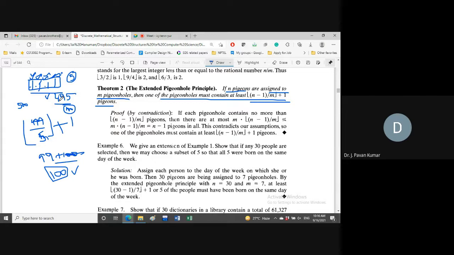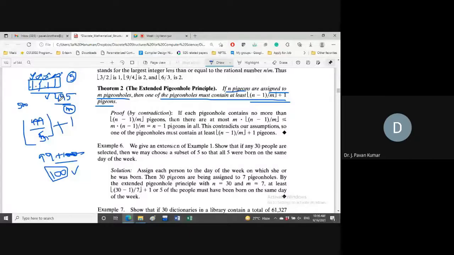If you consider 200 in one, that is evidence, right? 200 is at least 100, so it is true. 500 in one, also true. The possibility to make it false is that all the pigeonholes have fewer than 100 pigeons. If all pigeonholes have less than 100, then we can claim that the given statement is false. Understand?